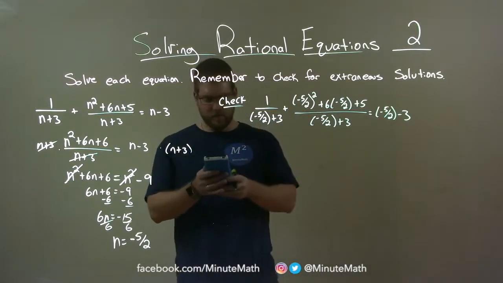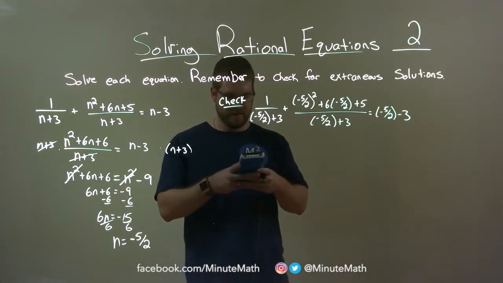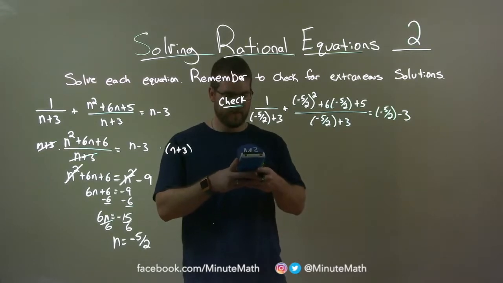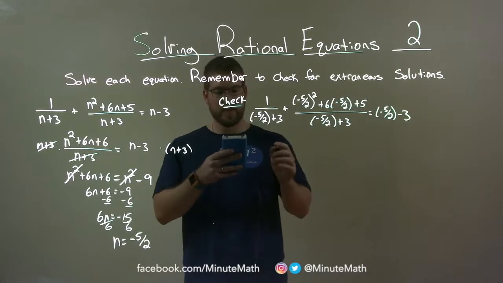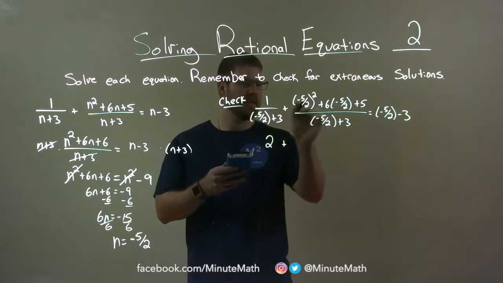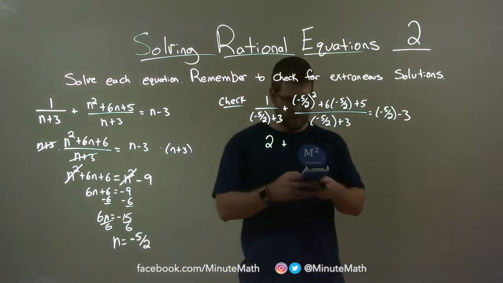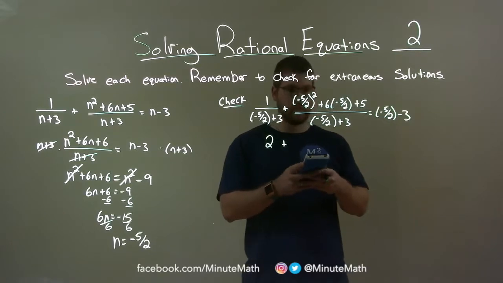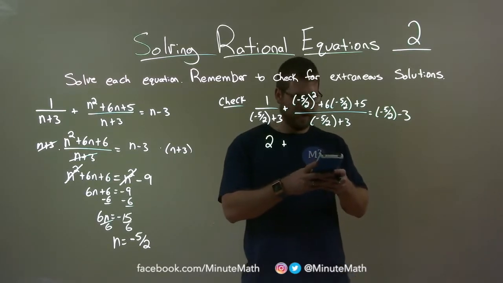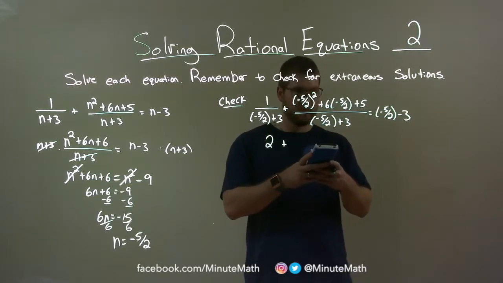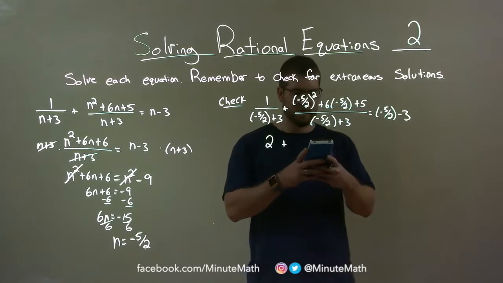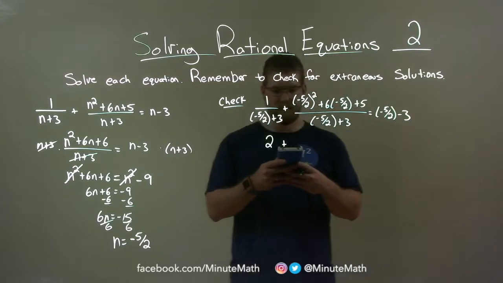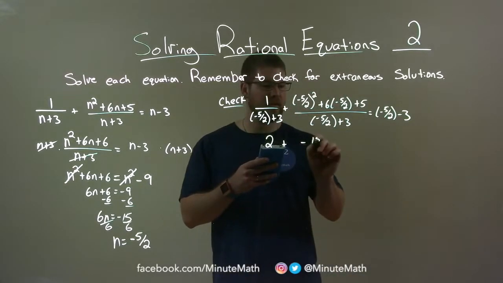Let's deal with this one. 1 divided by -5/2 plus 3, oh, that's just 2 straight off the bat. That's a 2. Let's deal with this one here. -5/2 squared plus 6 times -5/2 plus 5 divided by -5/2 plus 3. And this, as a fraction, is -15/2.